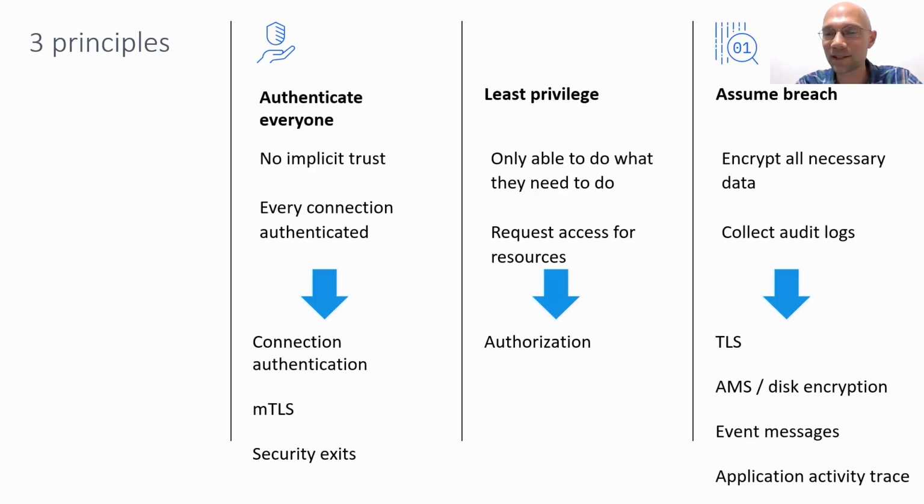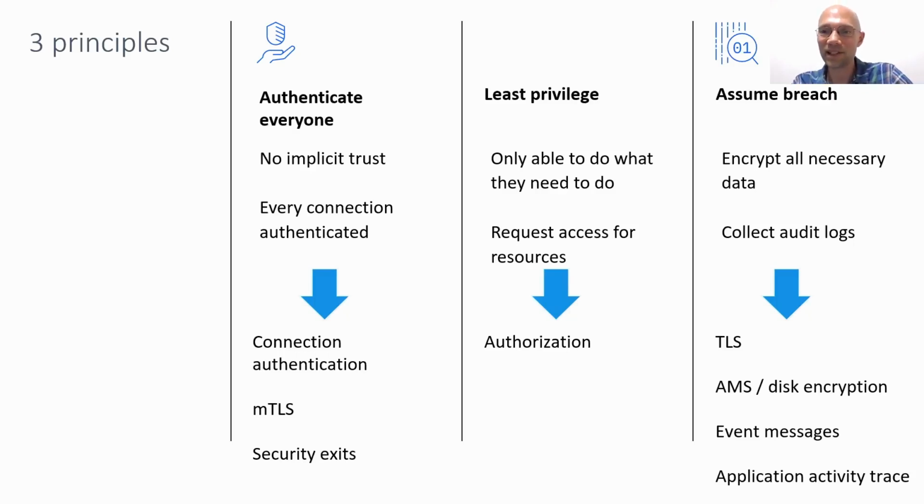Disk encryption is not an MQ feature in its own right. It's what you can do using your hardware and operating system, and it provides slightly different capabilities to AMS. Again, we will look at that in more detail later on.